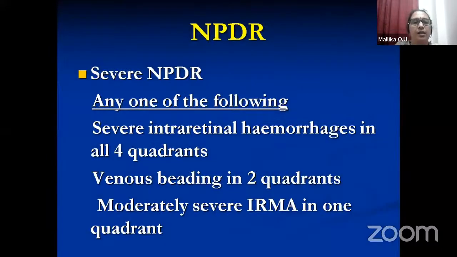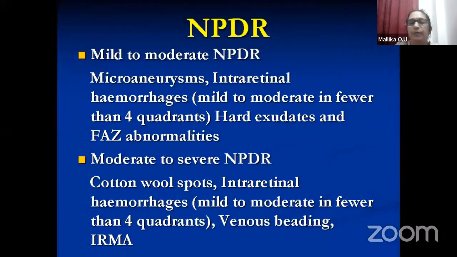For the first one, the mild non-proliferative diabetic retinopathy, this classification is the ETDRS classification, that is Early Treatment Diabetic Retinopathy Study classification, and in this they show some pictures, and the references are depending on the standard textbook fundus photographs.